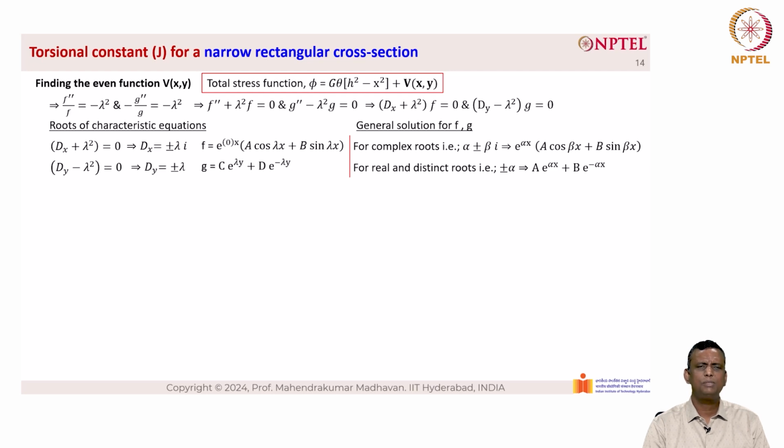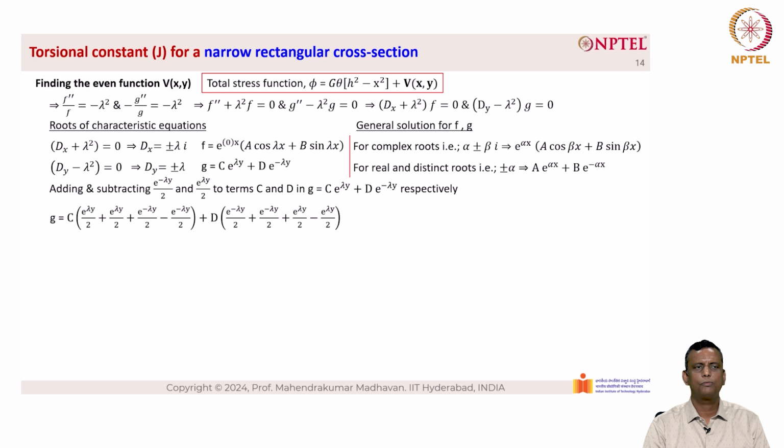Now let us simplify these values further. So this g can be further simplified by adding and subtracting e power minus lambda y by 2 and e power plus lambda y by 2 to the terms c and d in the g equation, g equal to c into e power lambda y plus d into e power minus lambda y respectively. So what happens? We have g equal to c into e power lambda y by 2 plus e power lambda y by 2.